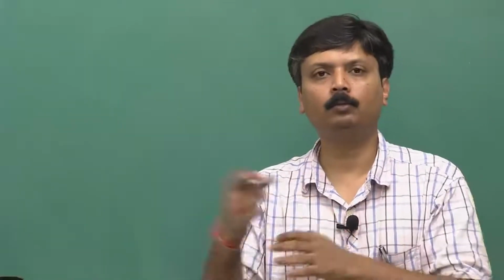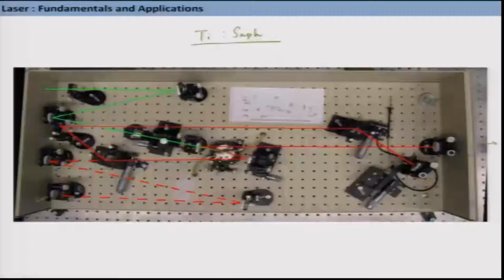In this particular case, an electro-optic modulator is used. So you can get an output from this end, a very short pulse from this particular laser, and there are ways to even shorten the pulses.